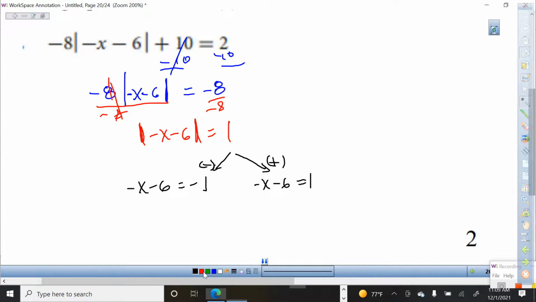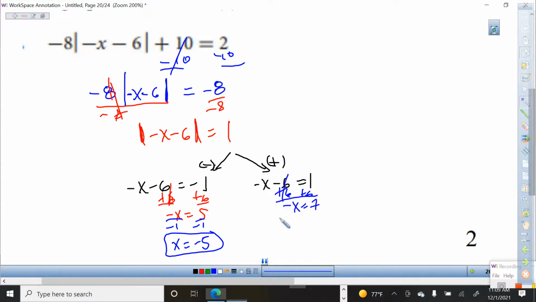And then we solve. Plus 6 plus 6, negative x equals 5. Last but not least, divide by negative 1. X equals negative 5. This one, plus 6 plus 6, negative x equals 7.